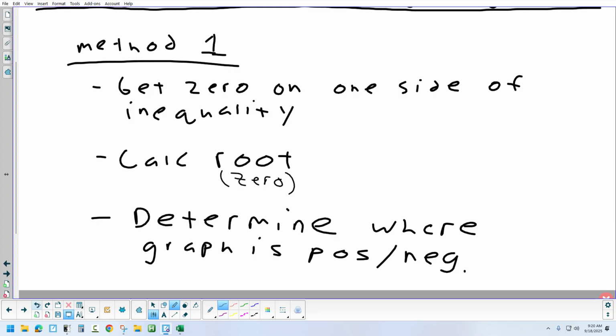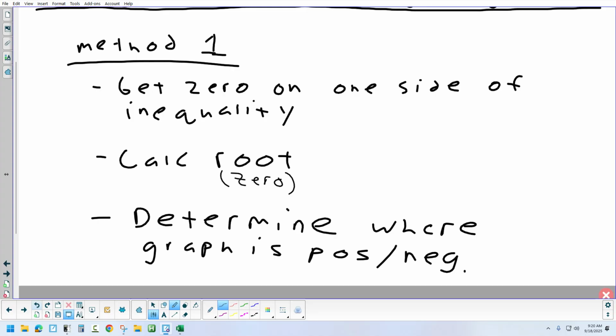Then we're going to calculate the root. Once we calculate the root, the answer is going to be one of 2 things. Because you're going to have something in that box, and then maybe you'll have a symbol like that. Could be a less than, could be a greater than, could be an equal to. Could be any one of the 4 symbols.